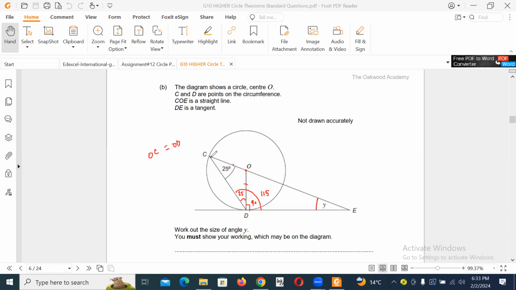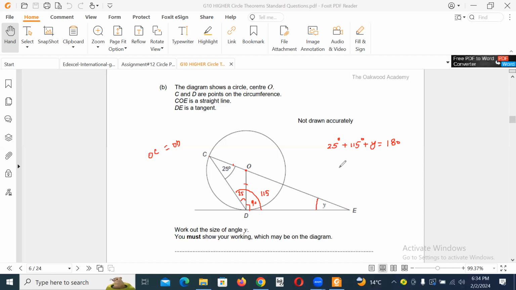So if I consider the triangle CDE, we have two angles given. So we can say that 25 plus 115 plus y is equal to 180.